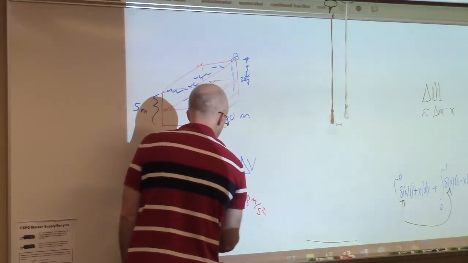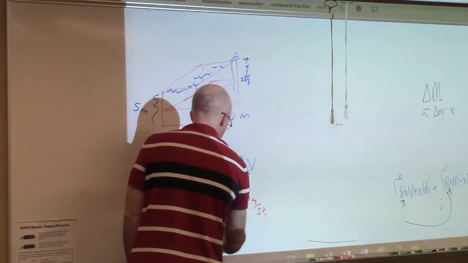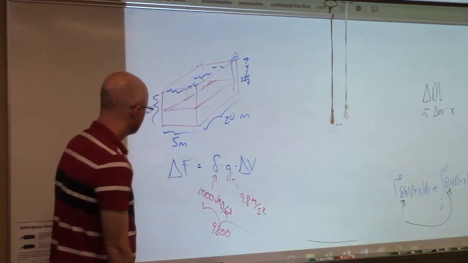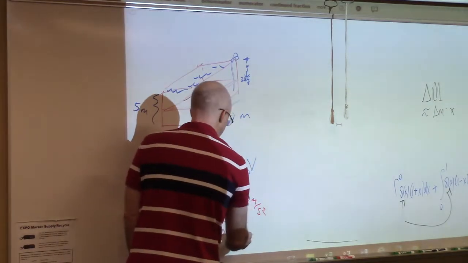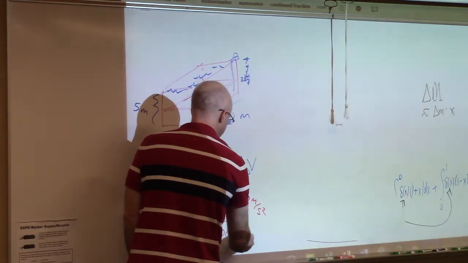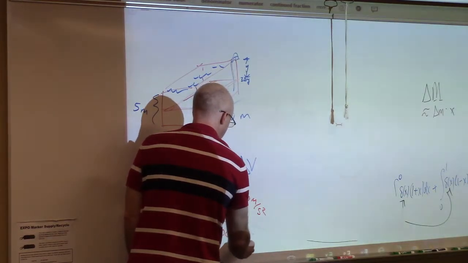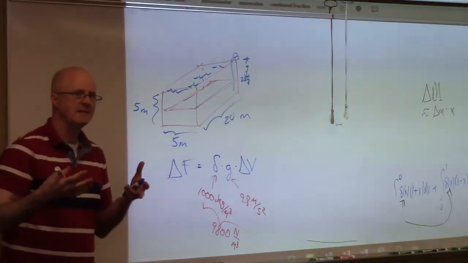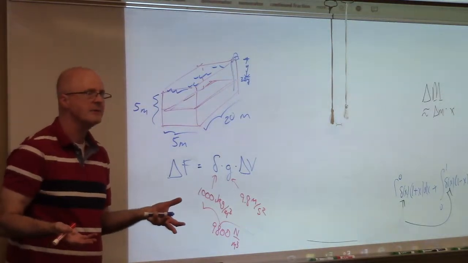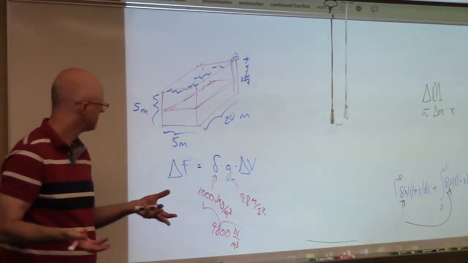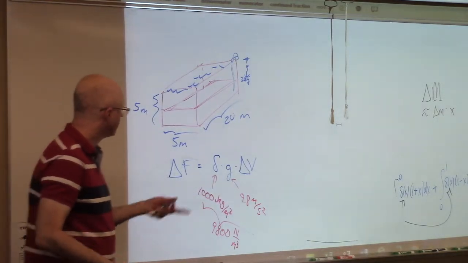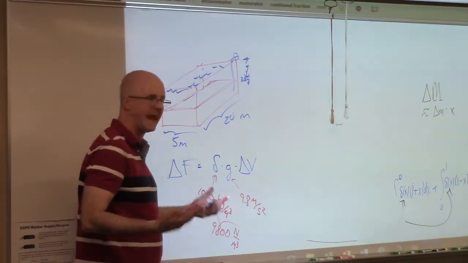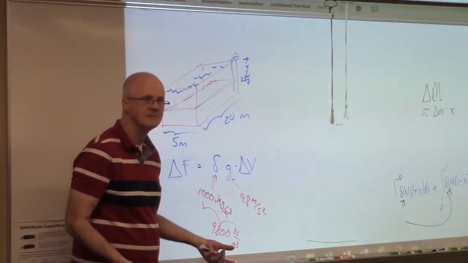This product gives you 9,800 newtons per cubic meter, which would be the weight density of water. Multiplied by the volume in cubic meters, you get the force, the actual weight. Does that make sense?